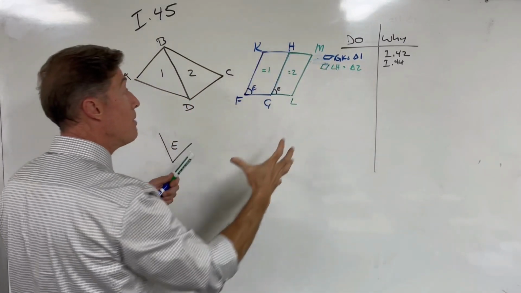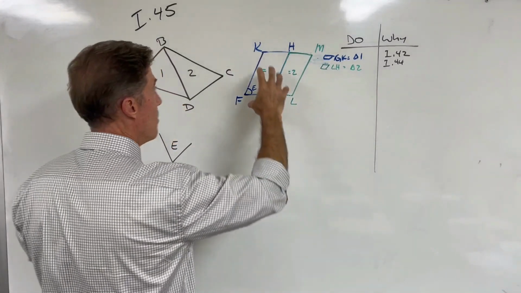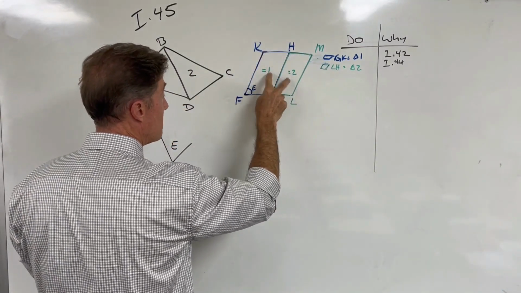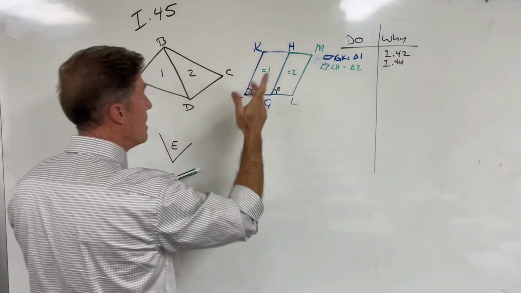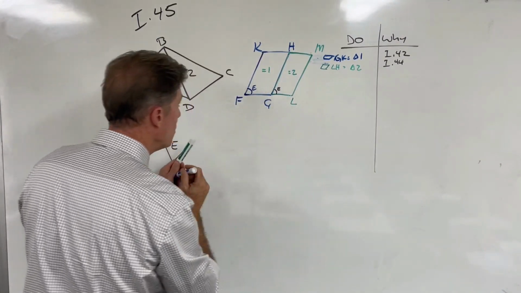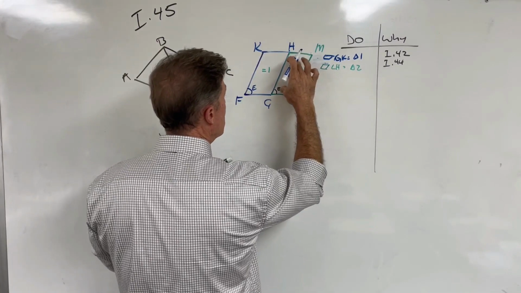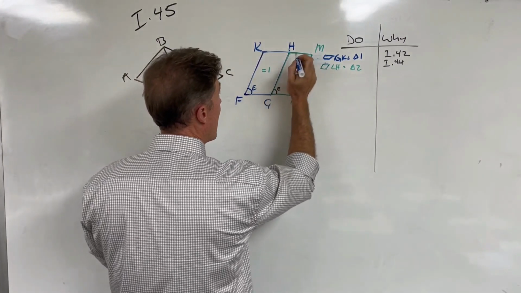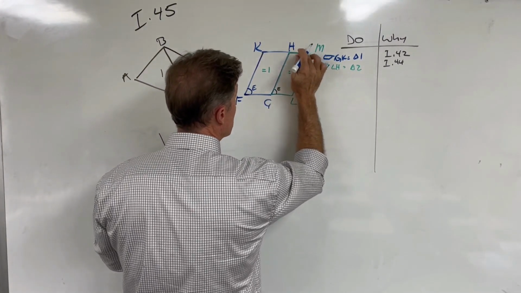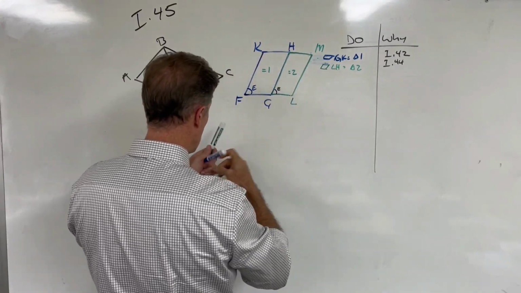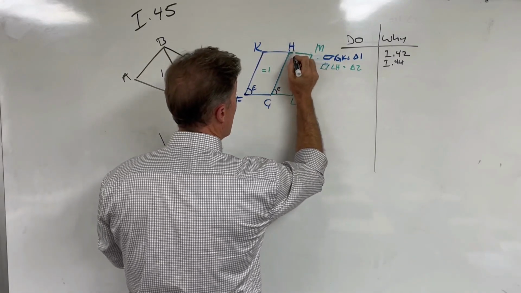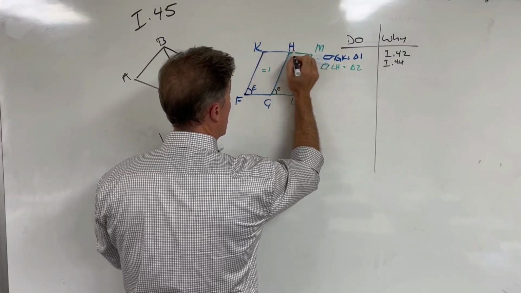Now it would seem like we're done at this point, right? We have a parallelogram that each of the parts are equal to each of these parts. Therefore, this whole figure is equal to this whole figure. We're done. We're not done because we still have to prove that these parallelograms, while they share the same side, that these sides of the parallelograms are in line with each other. Because it could be that this side HM doesn't line up with KH.